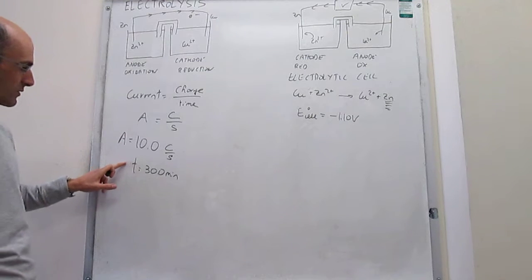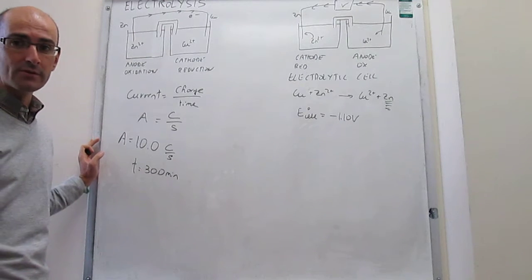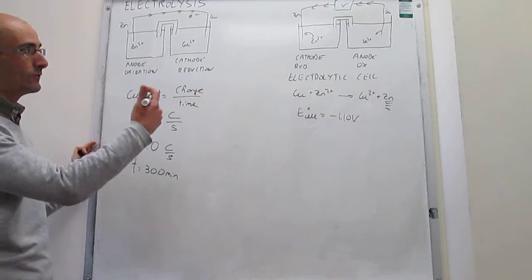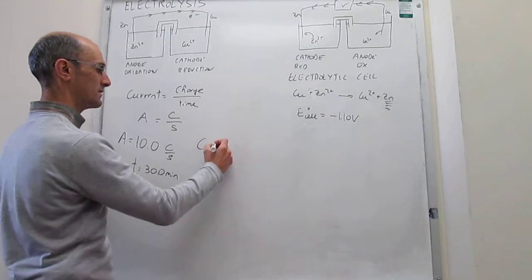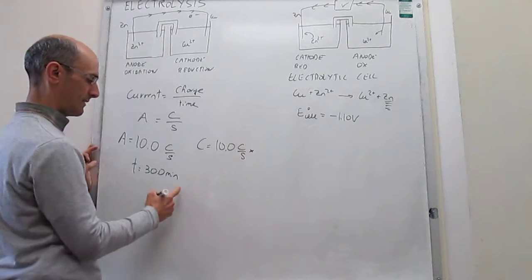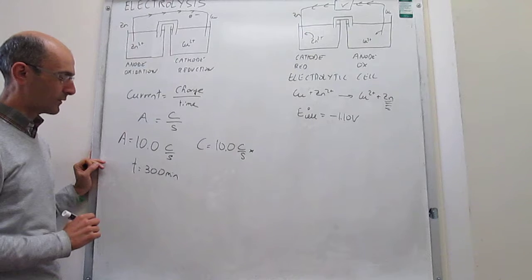Right, the first thing that we can actually do here is calculate the charge that we have supplied to this electrolytic cell. Our charge is going to be the current, which is 10.0 coulombs per second, times the time over which we have supplied this current, which is 30 minutes.